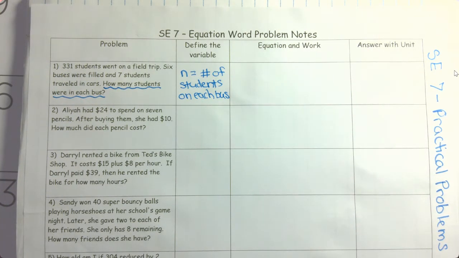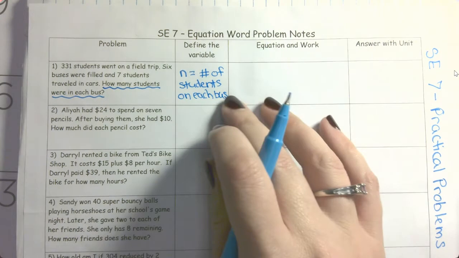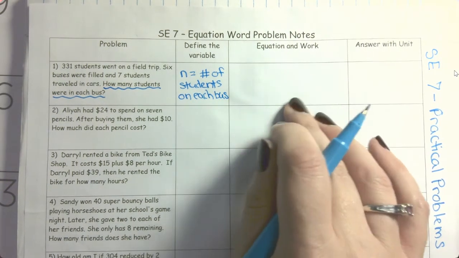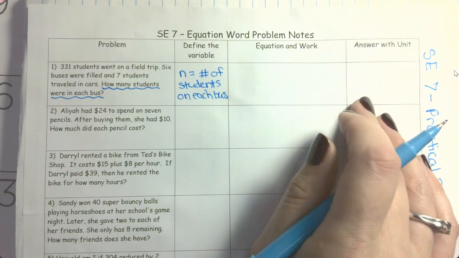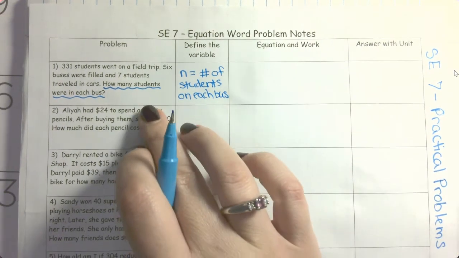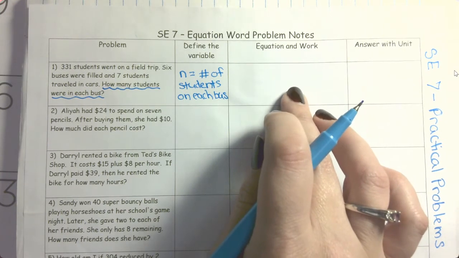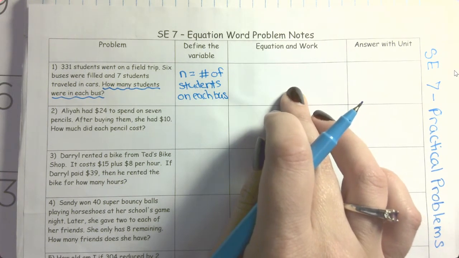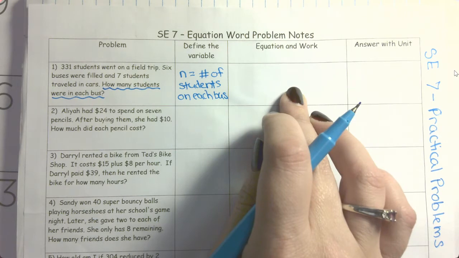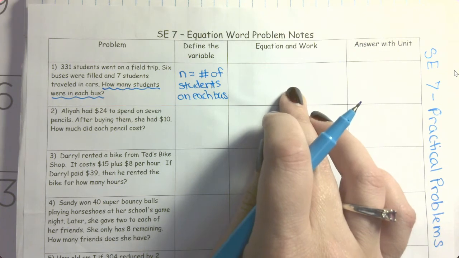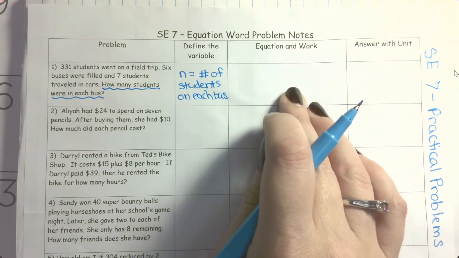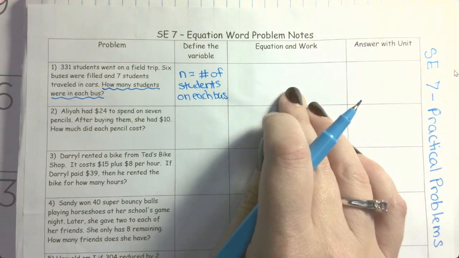So then I have to use the other information in the word problem to set up an equation. Once you have the equation set up, you would solve it like any other equation that we've solved so far. But figuring out how to go from the words to the equation is why we were practicing translations. So just a key thing you want to focus on here when you're looking at these word problems is, since it's an equation, you want to figure out what the total is, because that's going to be generally on one side of your equal sign.